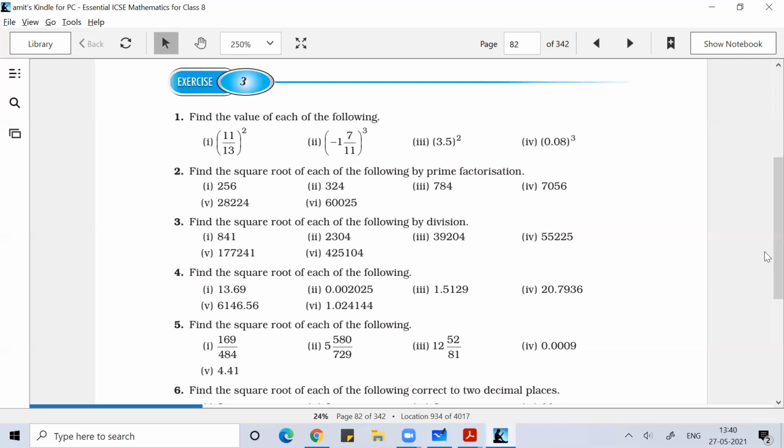Square root of 28224. So 164? 164 is wrong, right? Sir, you please check, I'm getting the same answer. One minute. So I think it's 164, 168. Yeah, 168 is the answer.